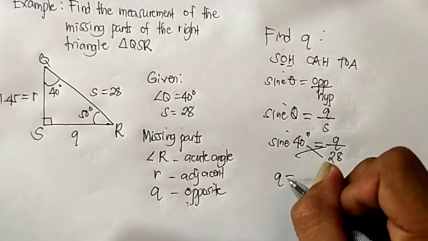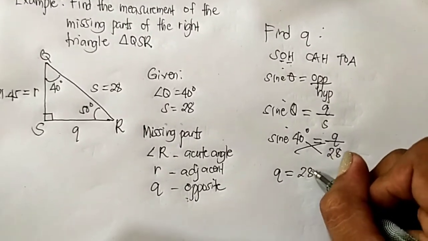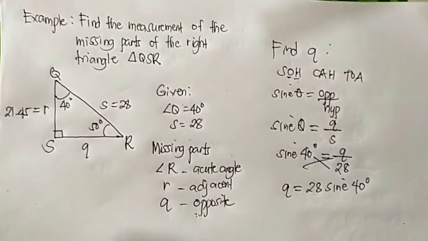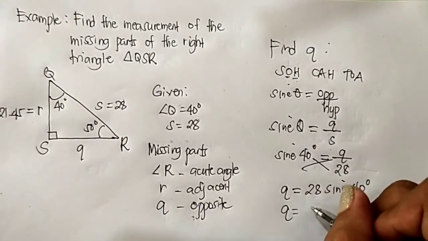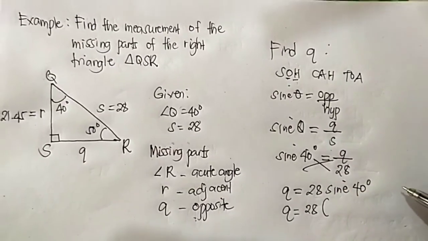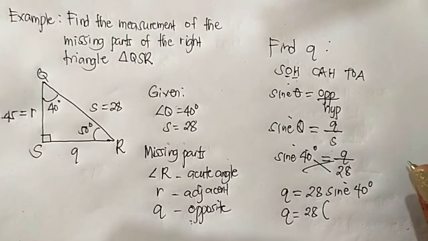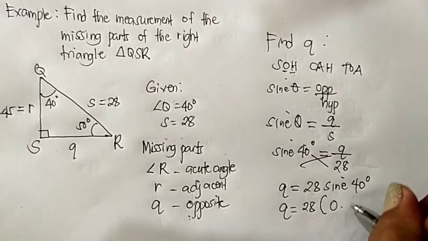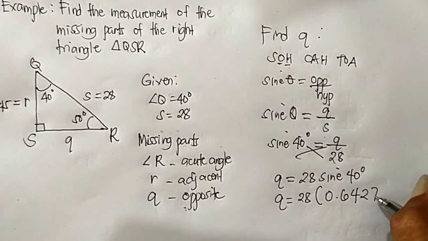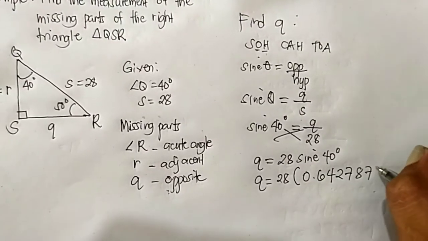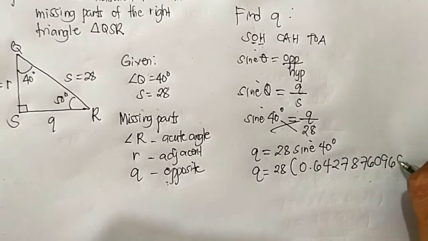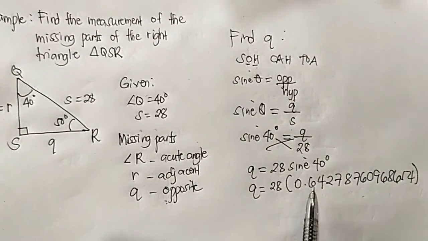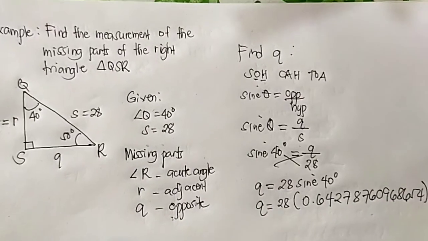So Q is equal to 28 times sine 40 degrees. Now press sine 40 on your scientific calculator. What comes out is 0.6427876096865.